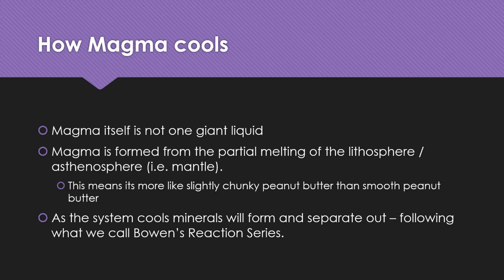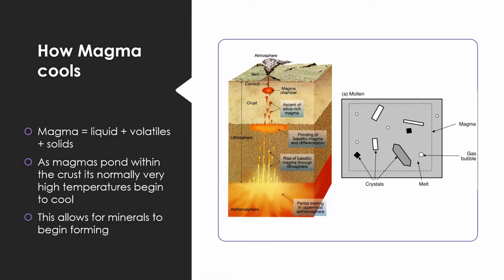As the system cools, minerals will form and separate out, following what we call Bowen's reaction series. So magma will cool slowly, right? Again, magma isn't just one liquid thing. It's got liquid plus gases, which is what we call volatiles, and solids like crystals.